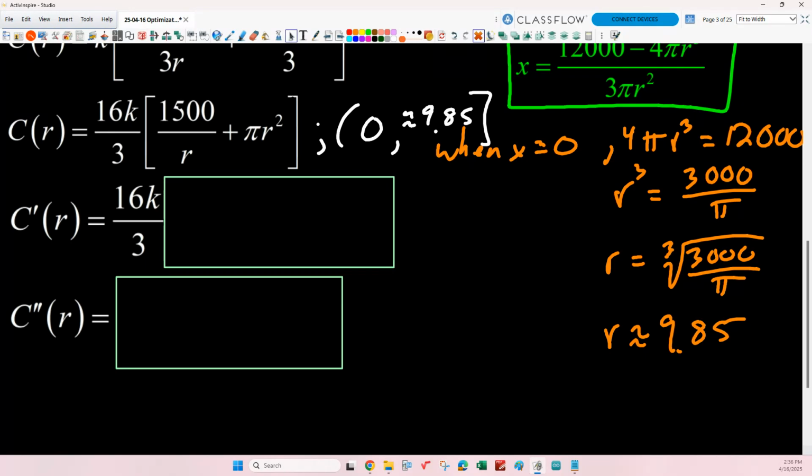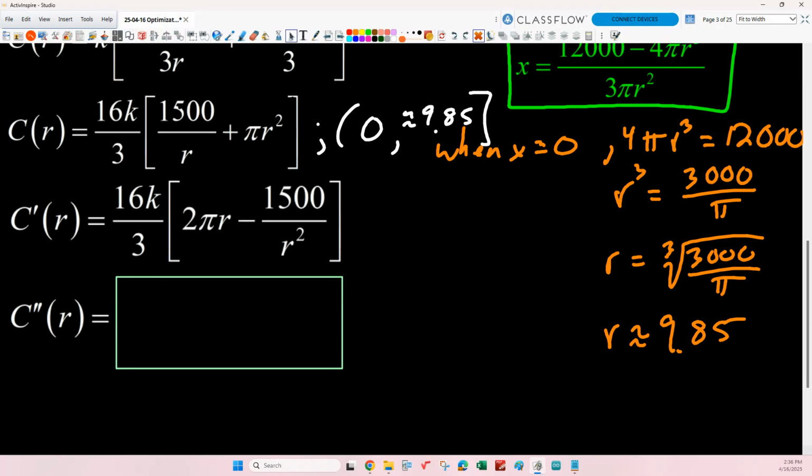And what's the derivative of 1,500 over r? Negative 1,500 r to the negative second, so over r squared. Good, right? We just treat it as 1,500 r to the negative 1. So we get that. Let's put the positive term first. We'll flip it around. Okay?